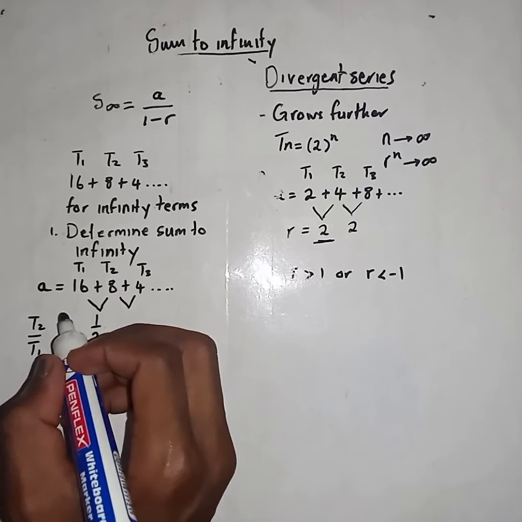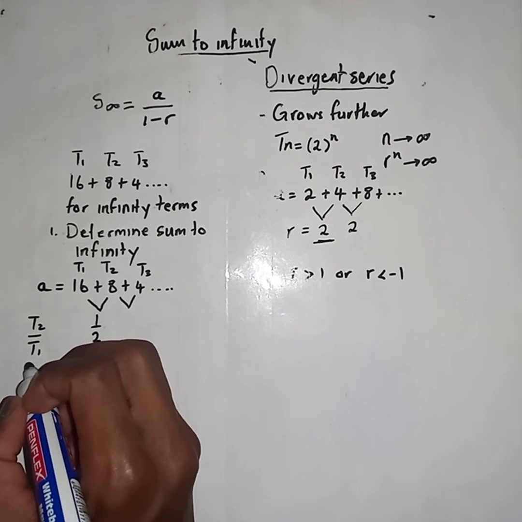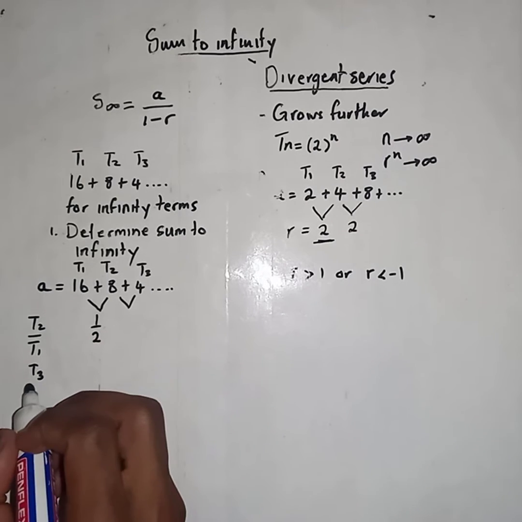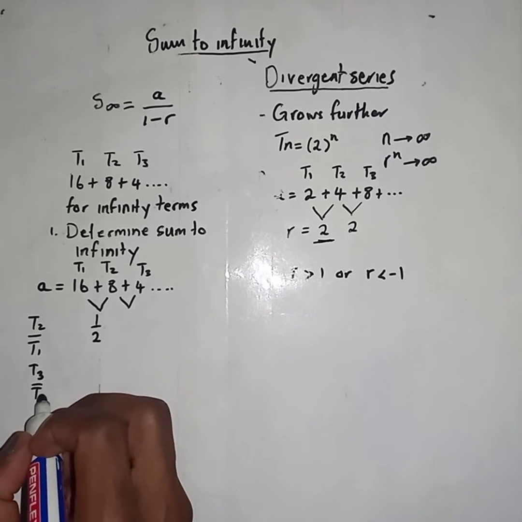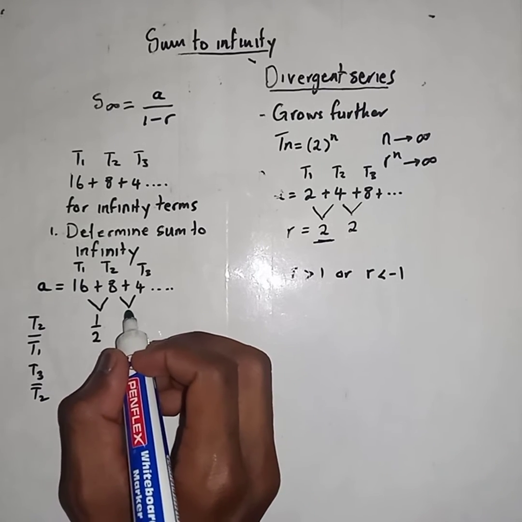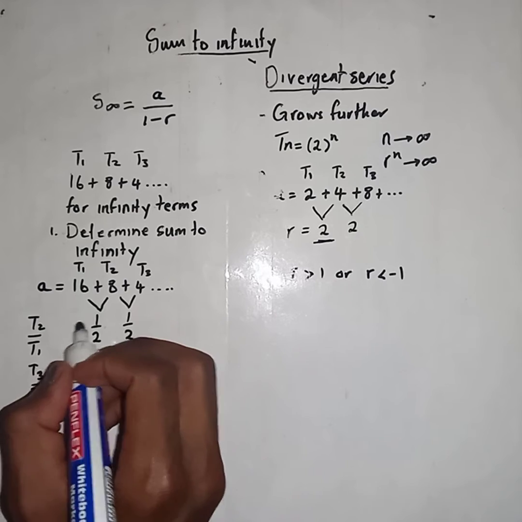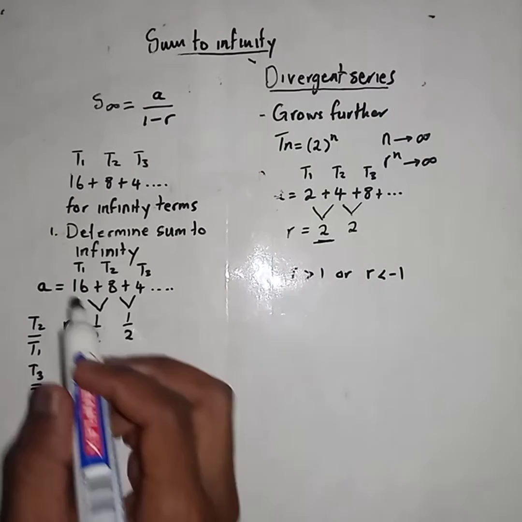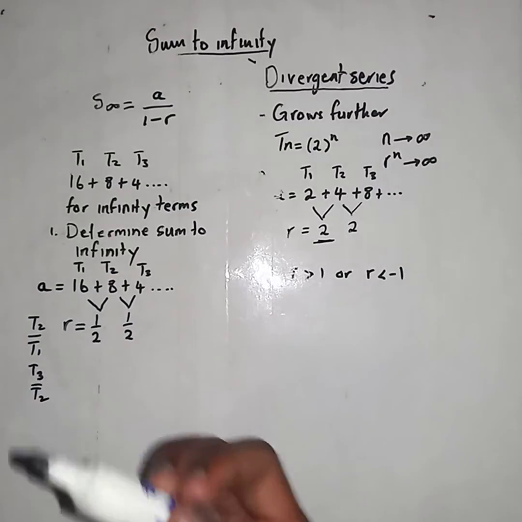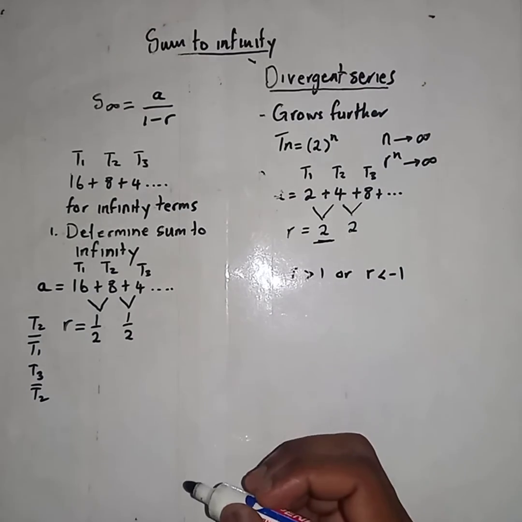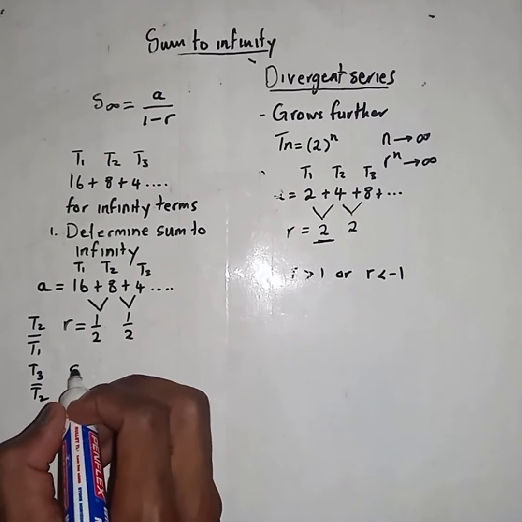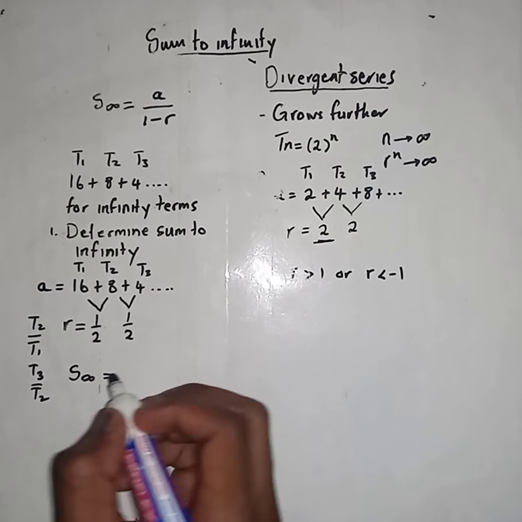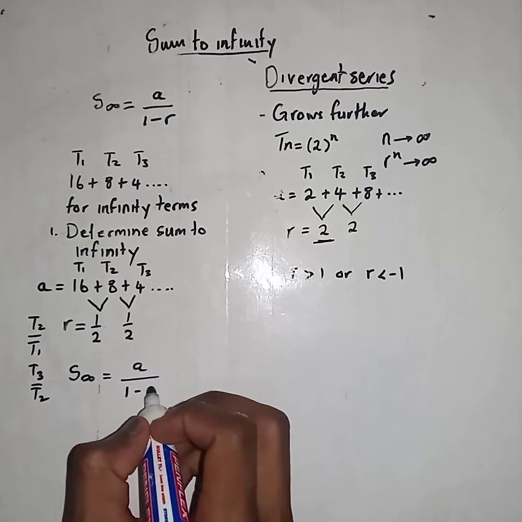Same for this one, let us take t3 divided by t2. You must get again 1 over 2, which is our r. At this point, we have our a value. We also have our r value. We can then substitute.